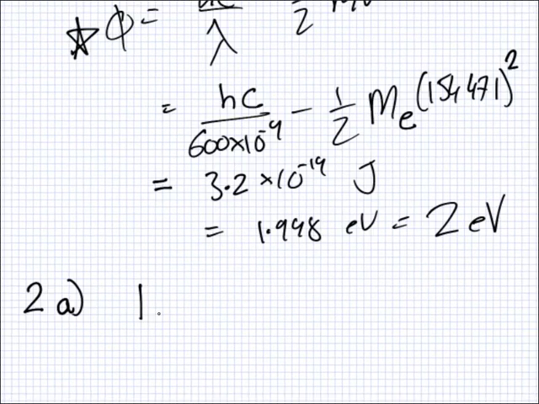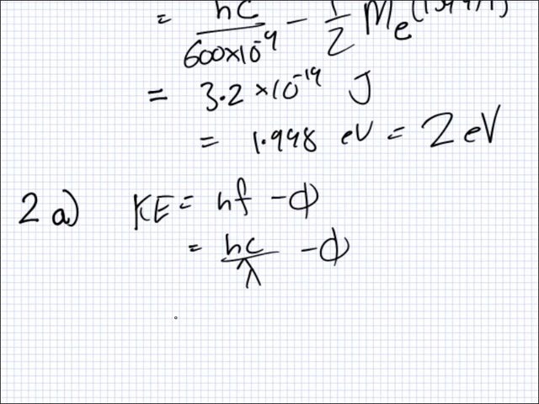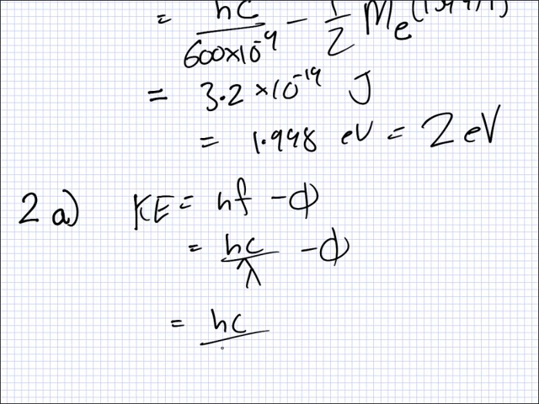So the KE is hf minus work function, which is hc over lambda minus work function, which for this one is hc over 300 times 10 to the minus 9 minus 3.68 eV.